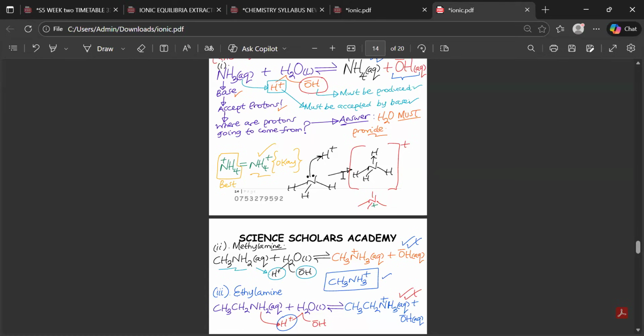You understand? And in the course of water providing protons, by default it even provides us with the hydroxide ions. And it's a dream come true, because we are dealing with a base and we expect hydroxide ions on the product side. Let me tell you, as of now the chemistry seems like too much.